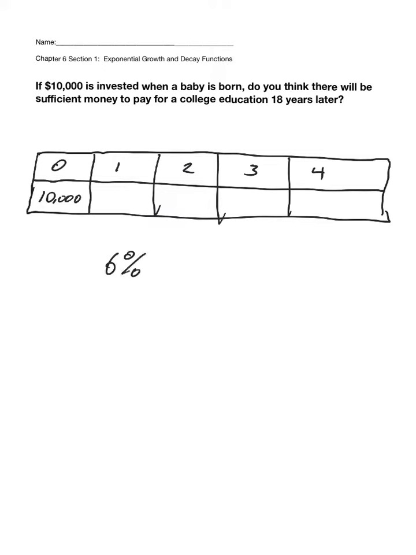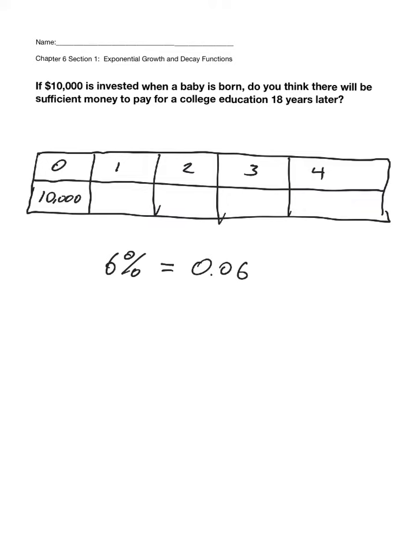If you have a 6% interest rate, I take my investment, my principal, and multiply it by that 6%. 6% is not a number we can really multiply by, so I make that equal to 0.06. That means the same thing as 6%.